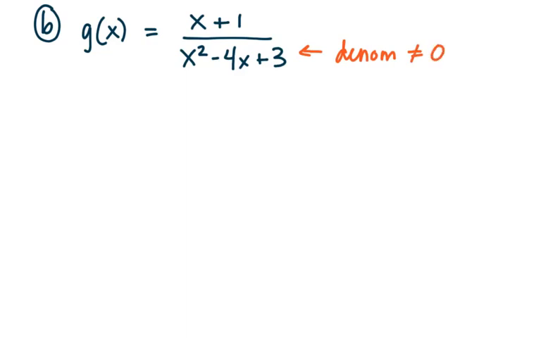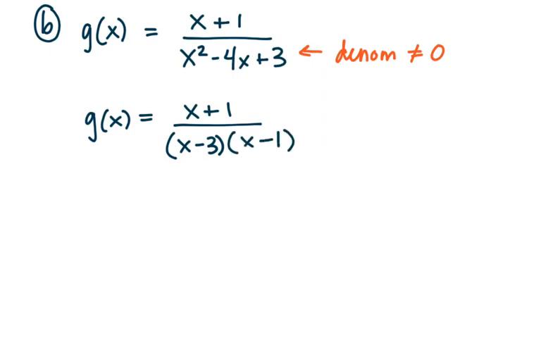When we're dealing with rational functions, we like to make sure we factor them first. This denominator factors nicely: x minus 3 and x minus 1. Here we can see there are two values x is not allowed to equal, positive 3 and positive 1.